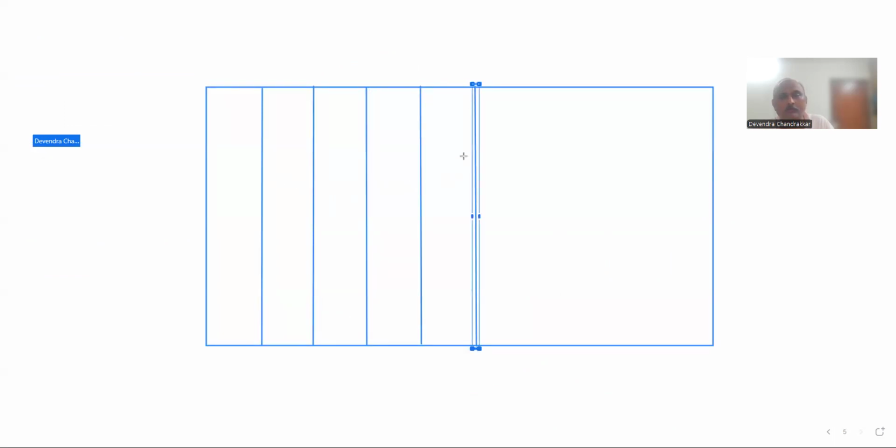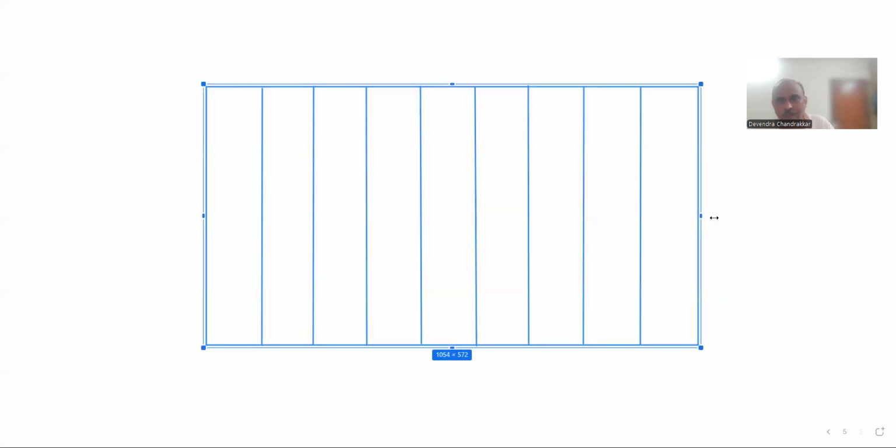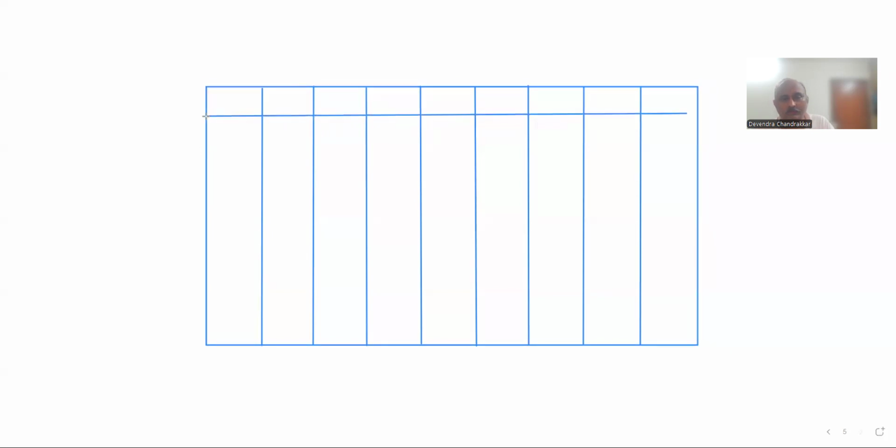Zero, 30, 45, 60, 90, 180, 270, and 360. So these are the functions and angles.